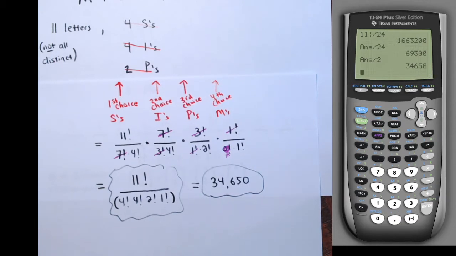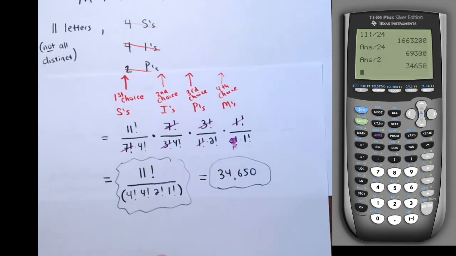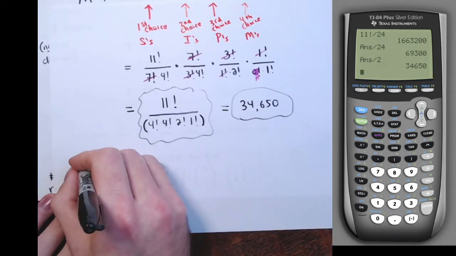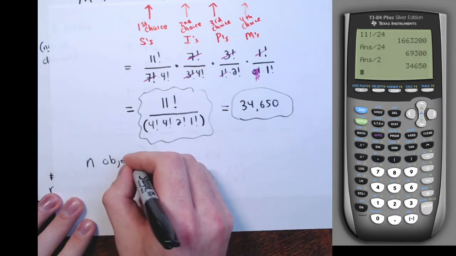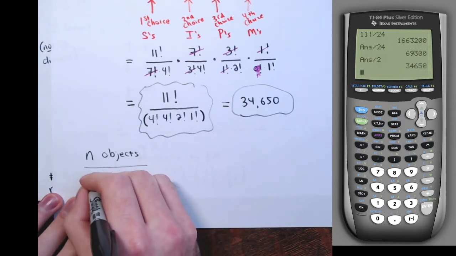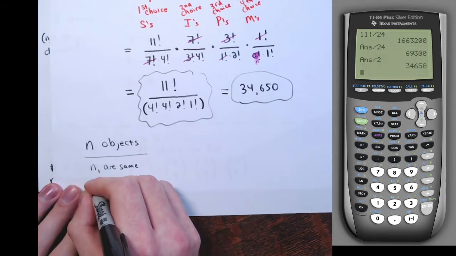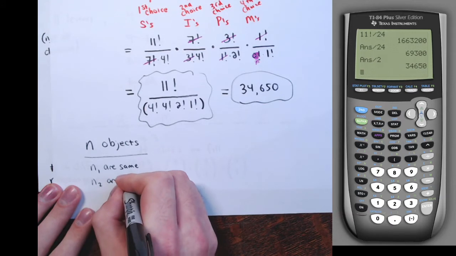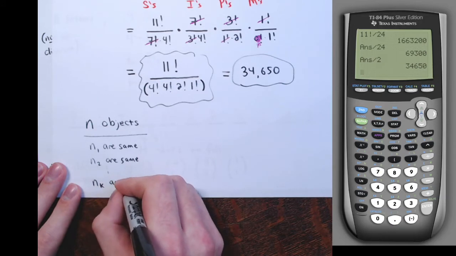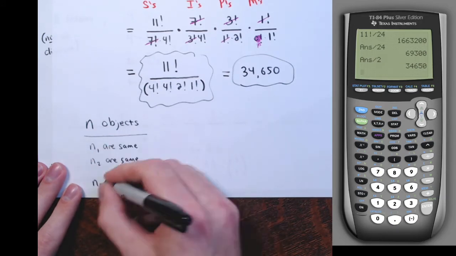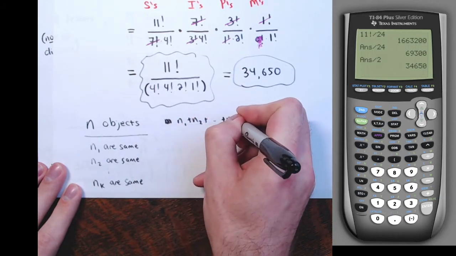But I'm going to jump to this formula a lot. So again, if you have n objects, and n1 of them are the same, n sub 2 of them are the same, all the way down to n sub k of them are the same, and n1 plus n2 plus n3 all the way up to nk is equal to n.